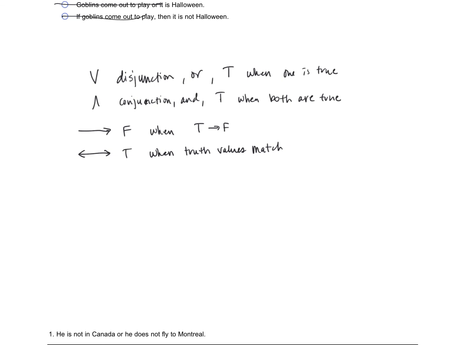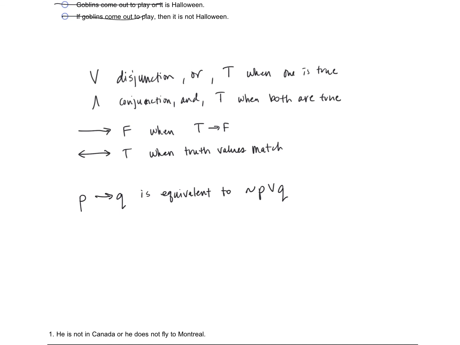Okay, so then some more information that you should have that we use quite often. P implies Q is equivalent to not P or Q. So you should know that. They use that a lot. We already went over the converse, inverse, and contrapositive, so you should know that.